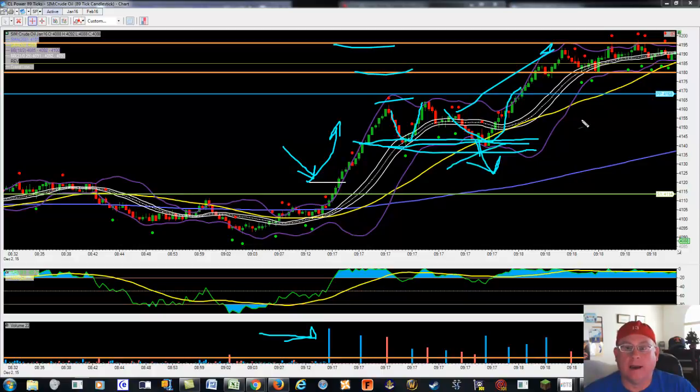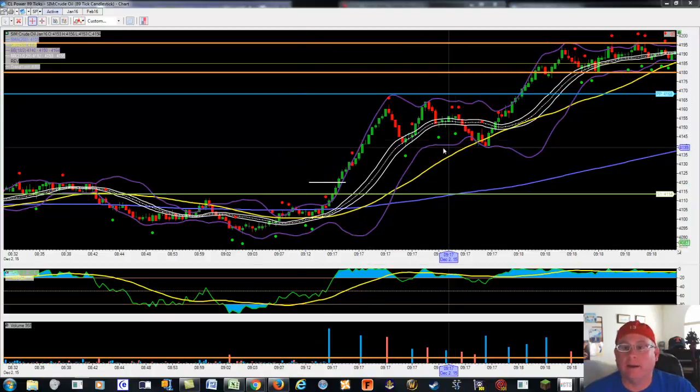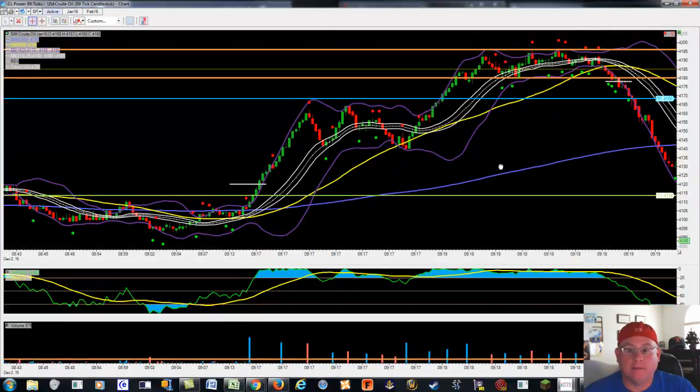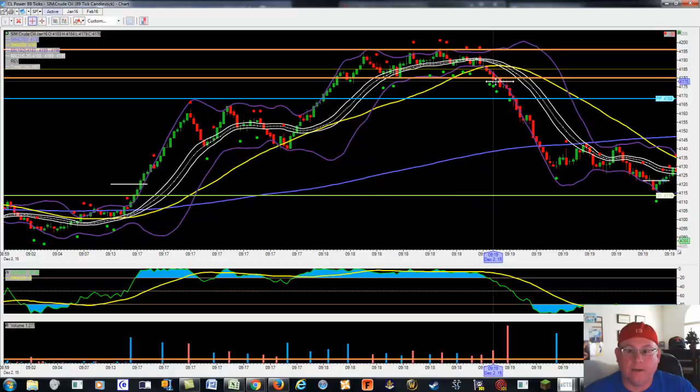So I X'd out this area, and I waited and I moved up here. Let me get rid of some of this drawing area, and then I waited for this. Now, this right here is 917. And when I got into the trade, right here is 919.